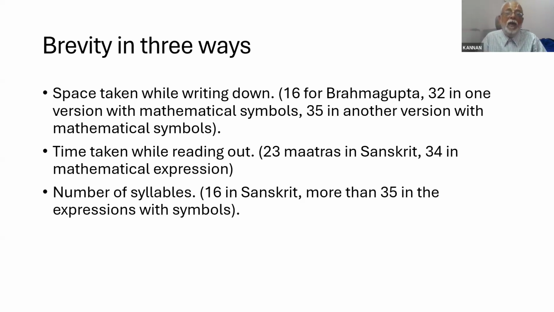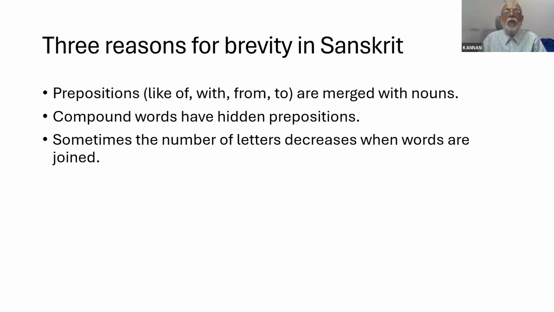Therefore, time-wise also, unexpectedly, Brahmagupta's way of describing the formula is more brief. Or we can count the number of syllables. It is almost the same as the first one, 16 in Sanskrit, more than 35 in the expressions with symbols. In this way, Brahmagupta's formula, even though it does not use symbols, is more brief than the present version of the formula.